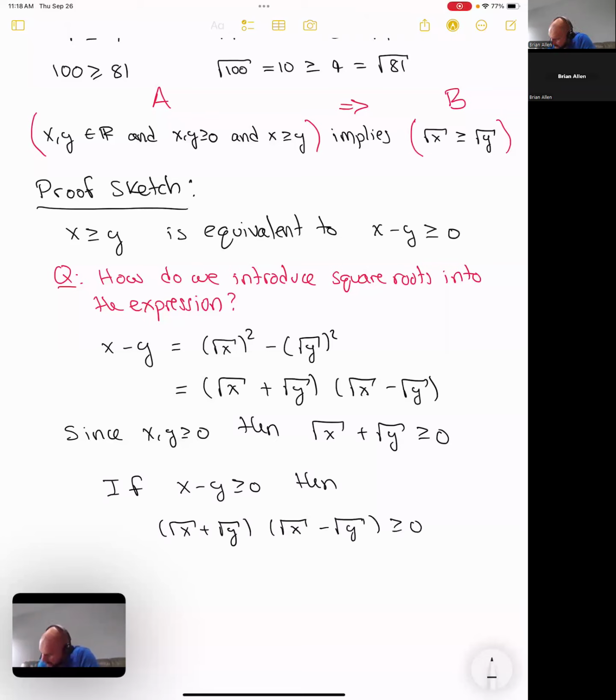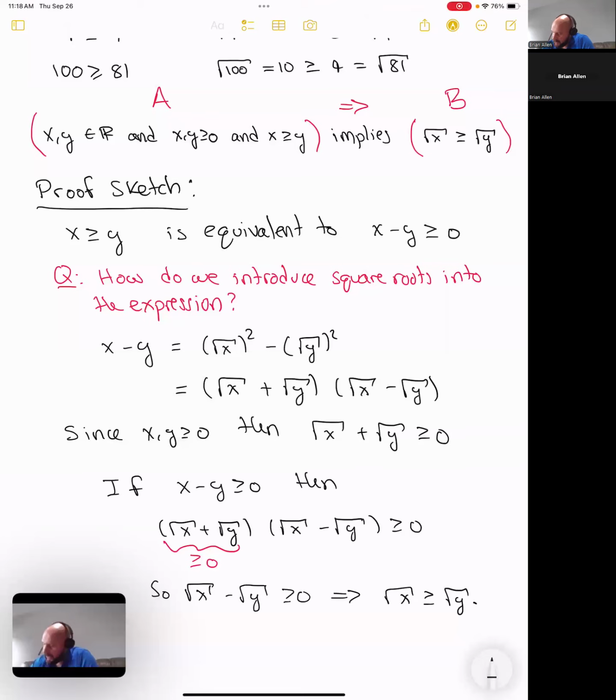And since the first part of the product is positive, we will be able to say that the other piece must also be positive, which implies what we want, right? Okay, but again, this is a sketch. We're being very informal. This is not a proof, but now we get the idea.